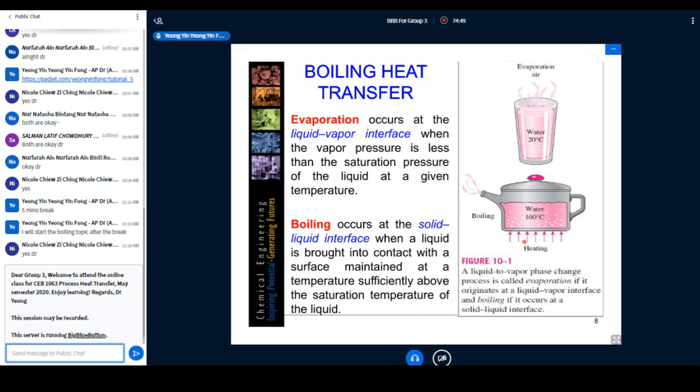You use gas to do the boiling of water. So it's a solid liquid interface. The solid is the bottom that provides the heat. The heat transfer happens from the bottom to the water. So we call this boiling. This is evaporation. This is how these two are differentiated from one another. Boiling is a solid liquid interface, evaporation is a liquid vapor interface.